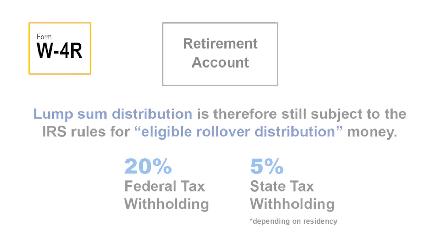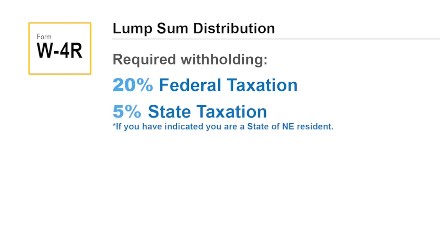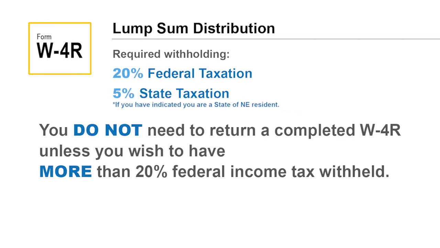In the cases of non-periodic payments, we are required to withhold the mandatory amounts of 20% for federal taxation and 5% for state taxation, unless you submit a W-4N claiming exempt status from Nebraska state tax. You do not need to return a completed W-4R unless you wish to have more than 20% federal income tax withheld.